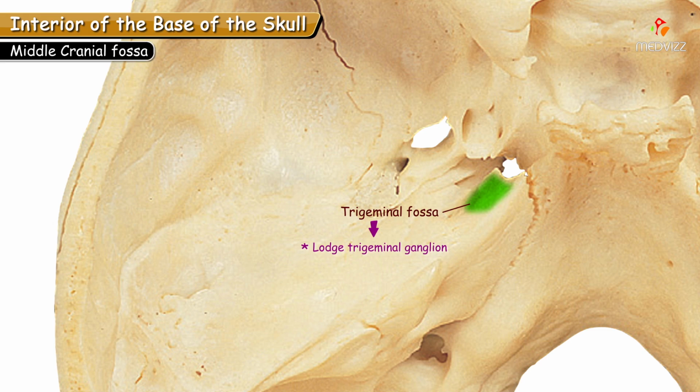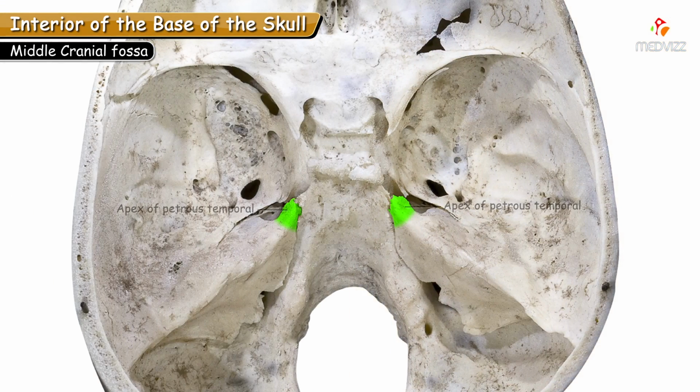This depression is referred to as the trigeminal fossa, and the ganglion is present within the pouch formed by dura mater, which is called the trigeminal cave. And if we trace lateral to the apex, there is an elevation over the petrous part. This prominent elevation is the arcuate eminence. The arcuate eminence is produced by the superior semicircular canal, which is a part of the internal ear.